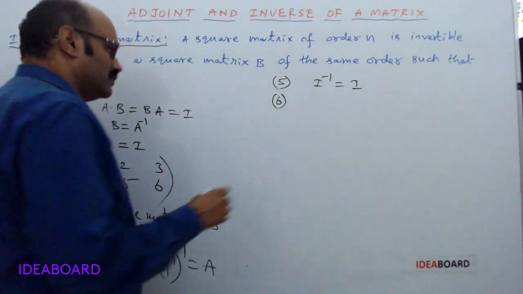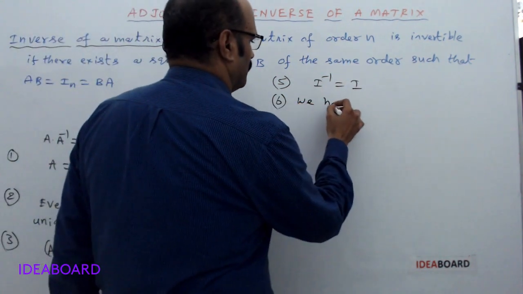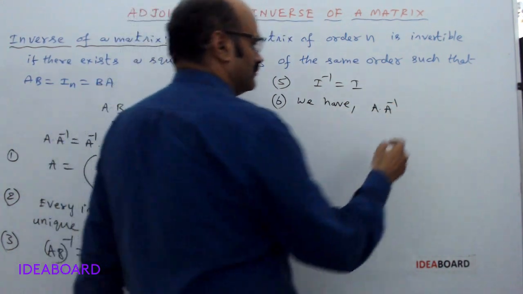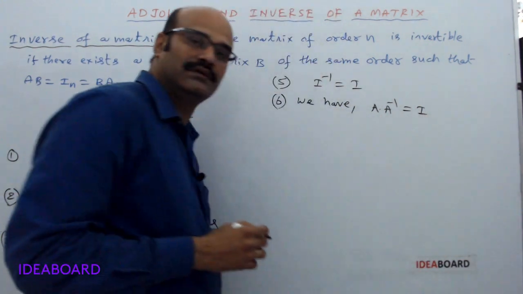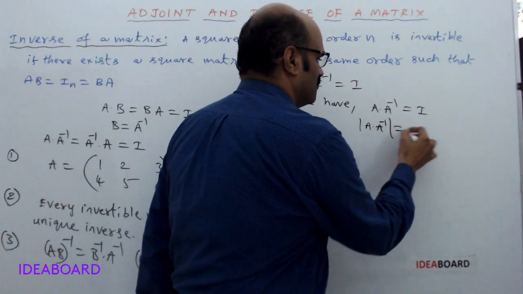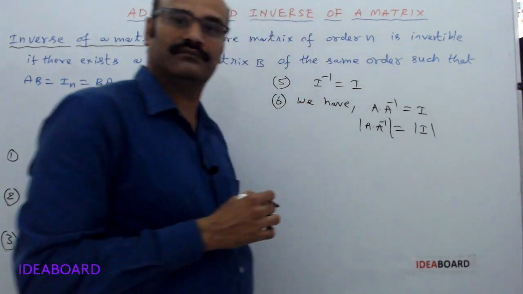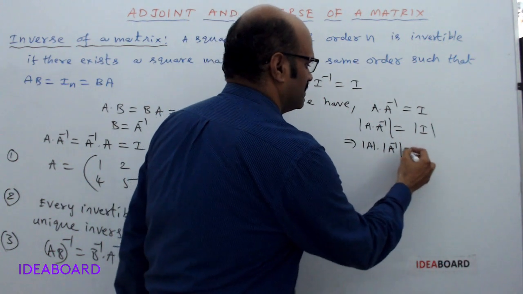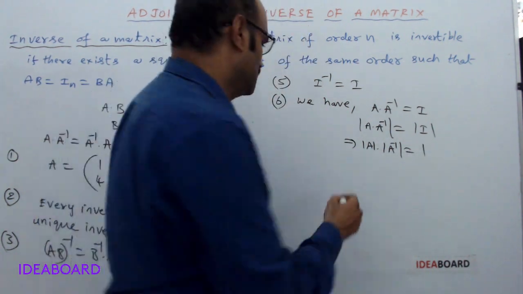We have A into A inverse equal to I. Then determinant of A into A inverse equal to determinant of I. It implies det A into det A inverse equal to 1.